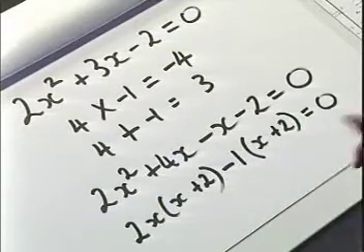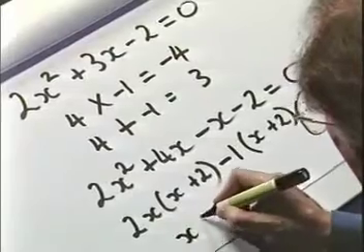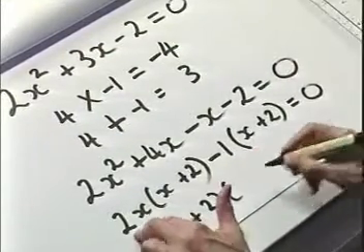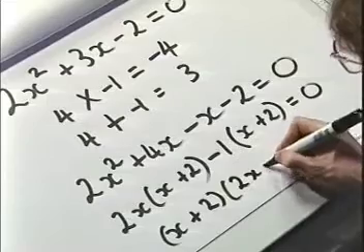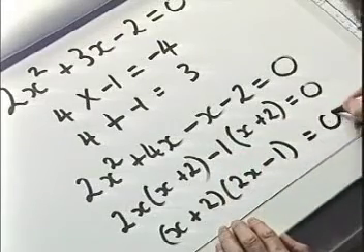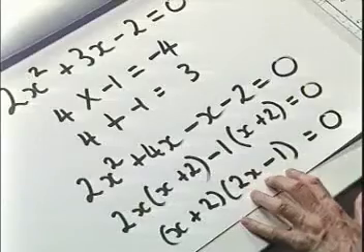So that's our common factor that we can take out, x plus 2 times 2x minus 1. So again, we've arrived at two brackets multiplied together.